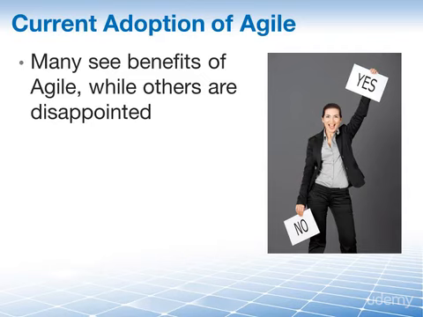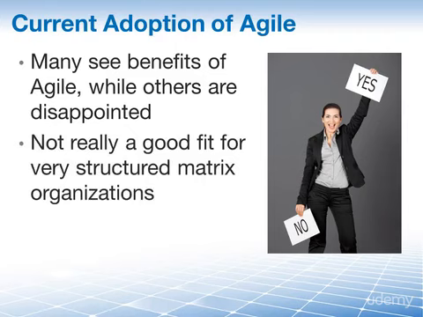Agile emphasizes self-organizing teams and decentralized decision-making, and this can be problematic for matrix organizations with hierarchical management processes and reporting structures. And functional managers often struggle with Agile's preference for face-to-face communication and simplicity in documenting project plans and project progress.